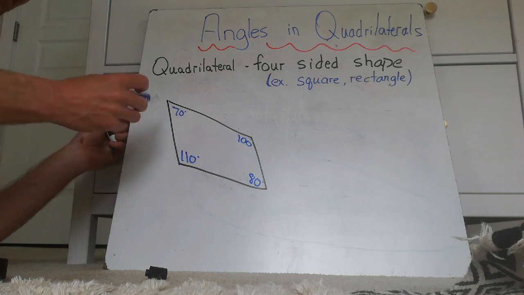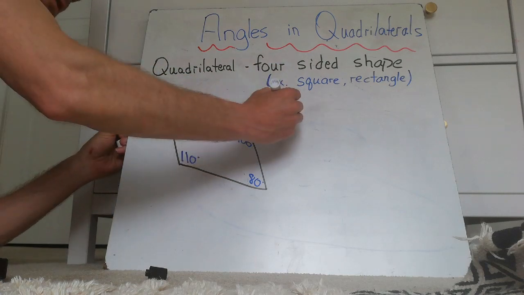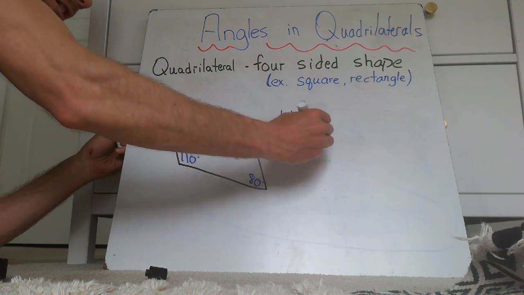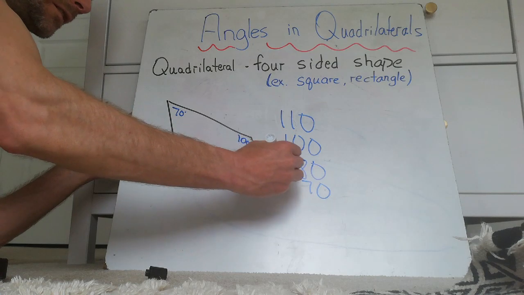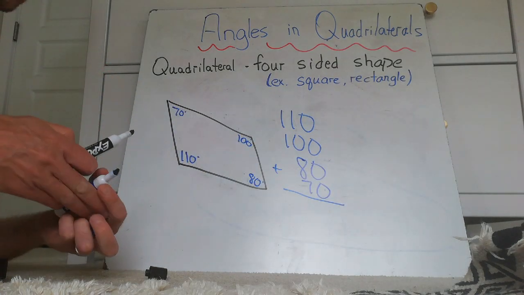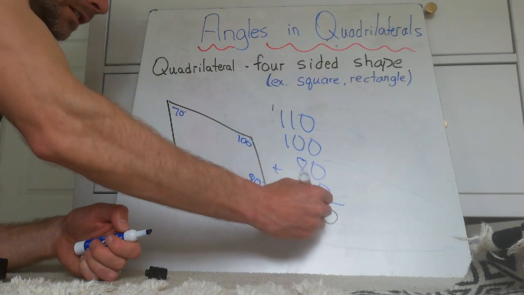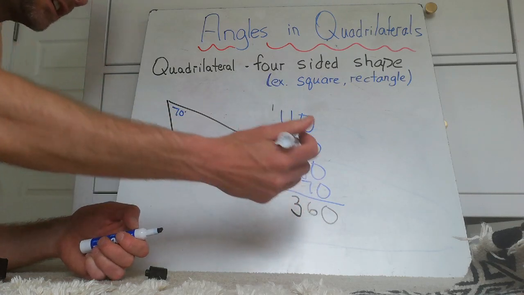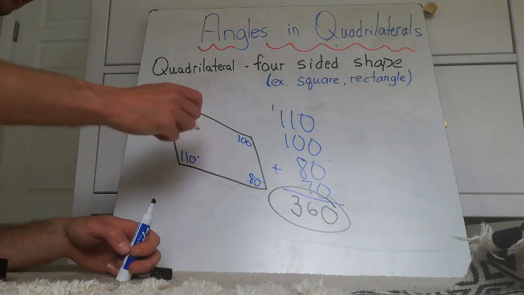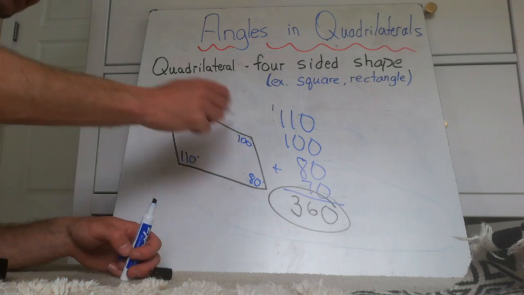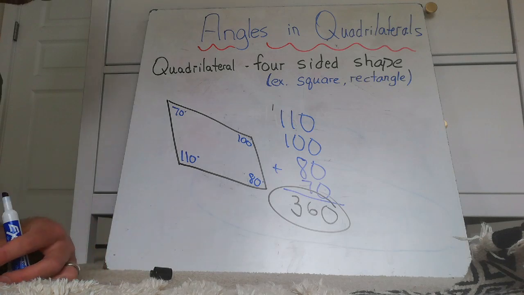If you add up these four angles, 110 plus 100 plus 80 plus 70, you end up with 360. So again, all four angles in this quadrilateral, and in every quadrilateral, add up to 360 degrees.